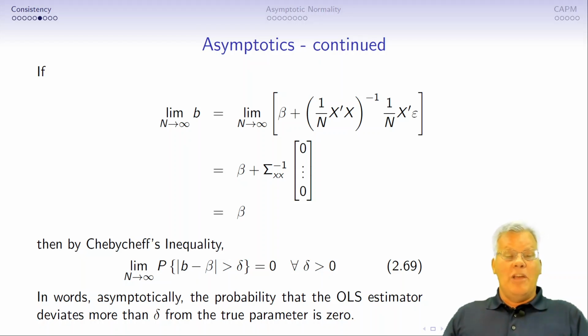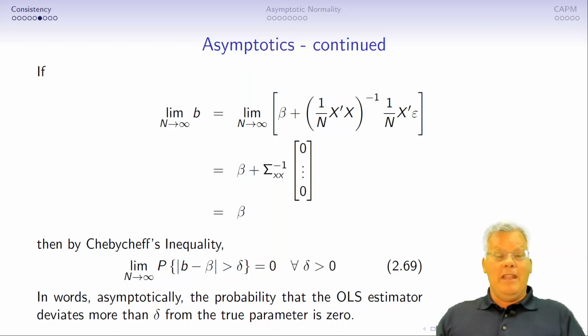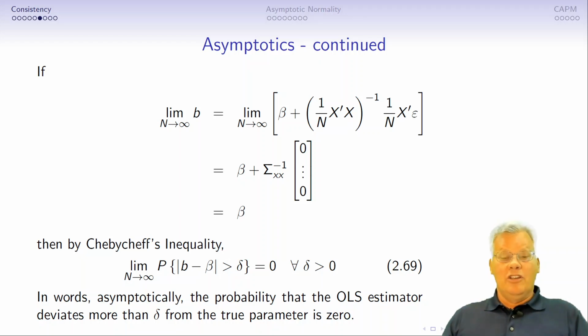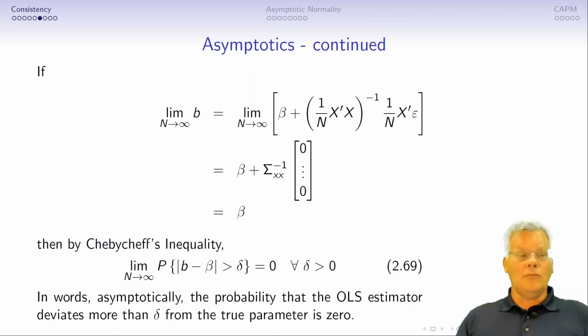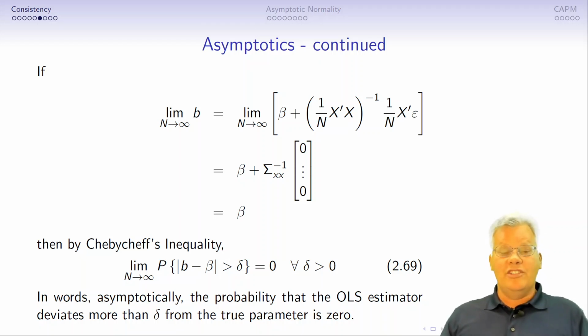Then we can say by Chebyshev's inequality that the limit as the sample size goes to infinity of the probability that the deviation of b from beta is greater than some positive scalar delta is 0 for all delta positive. Or if we wanted to restate this in words, we would say asymptotically the probability that the OLS estimator deviates more than delta from the true parameter is 0.